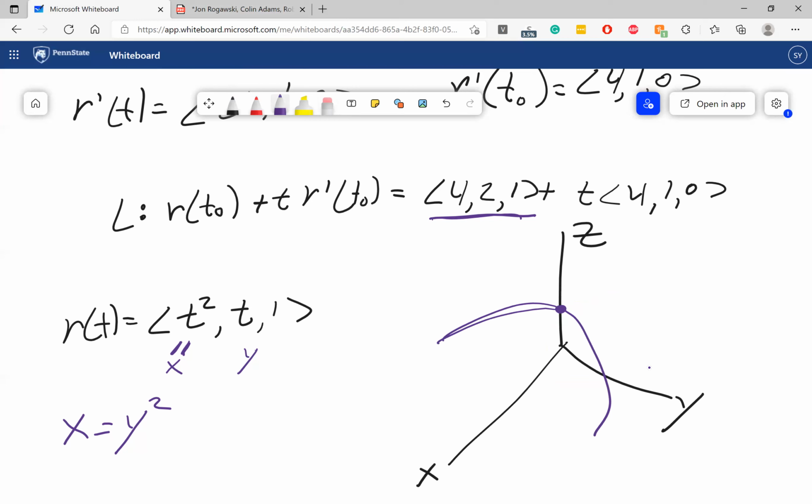When X is 4, Y would be more. So when Y is 2, X is 4. So it probably goes this way.